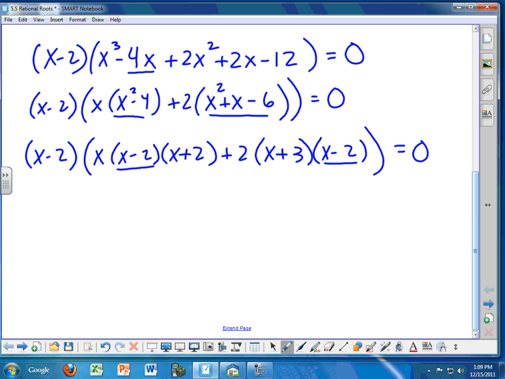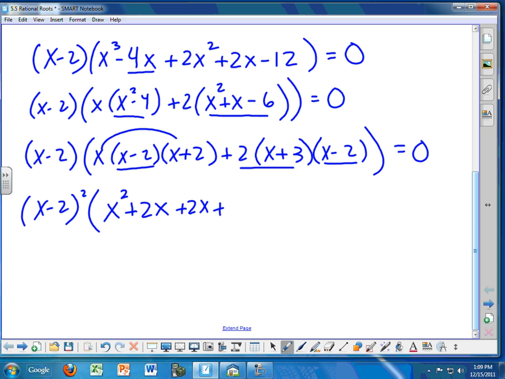Factoring out the x minus 2, we end up with an x minus 2 quantity squared here now. And combining the x with the x plus 2, that gives us x squared plus 2x. And in the last part, we get plus 2x more and a 6 remaining. That's equal to 0. Finally, we end up with this as our solution.